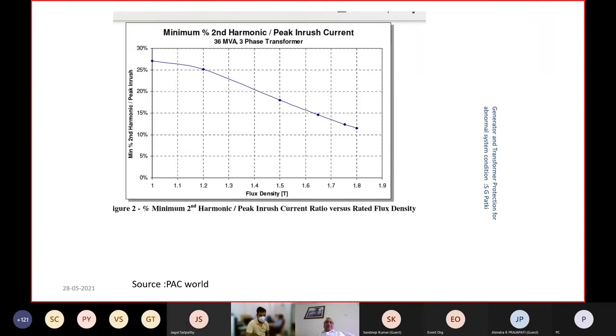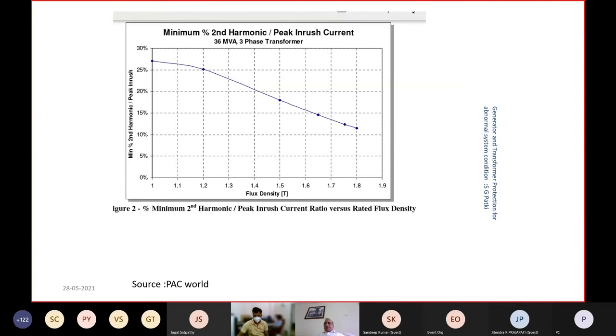At that time, the differential relay should not get restrained. So the main task of the relay is how to distinguish between the second harmonic due to fault and the second harmonic due to inrush current.